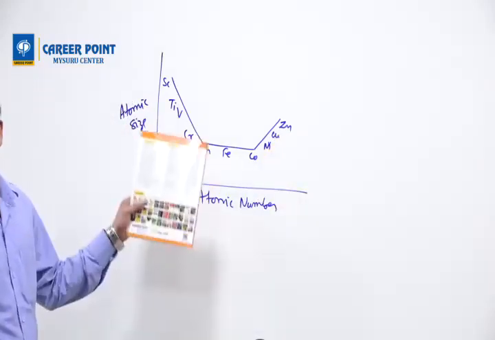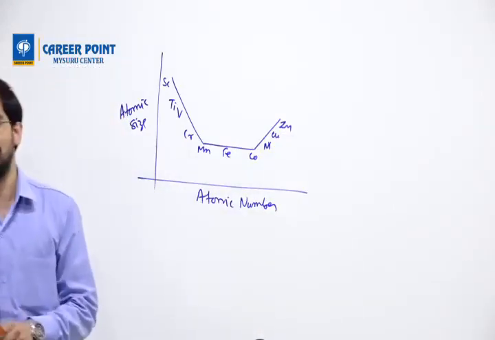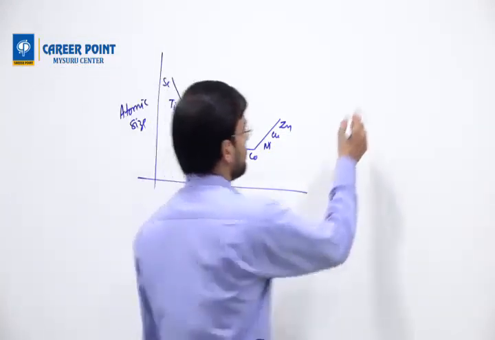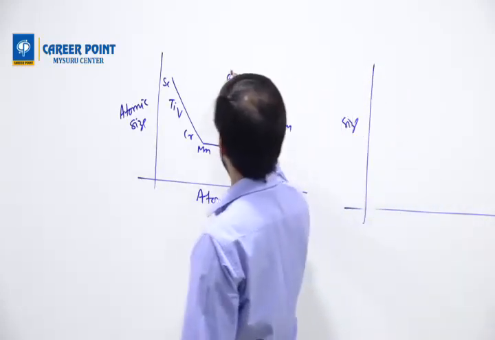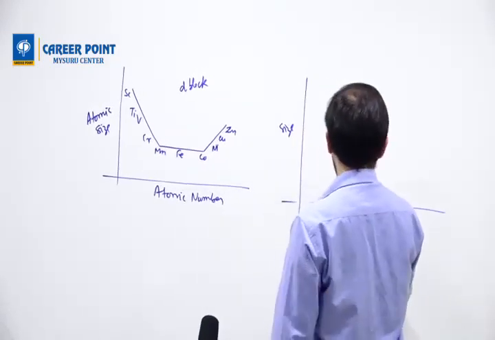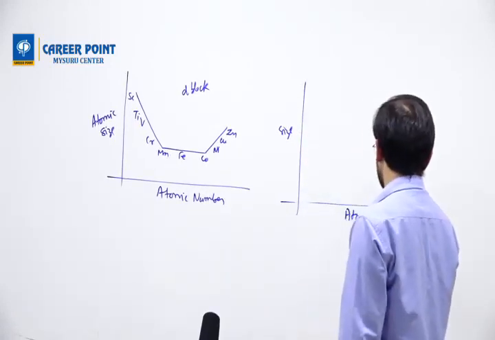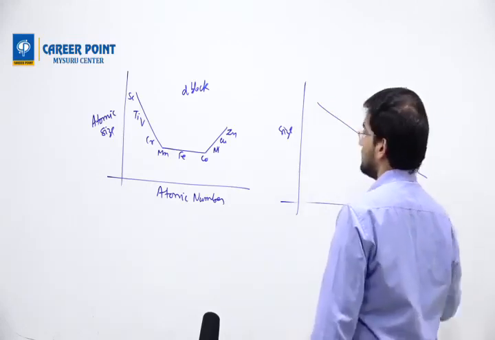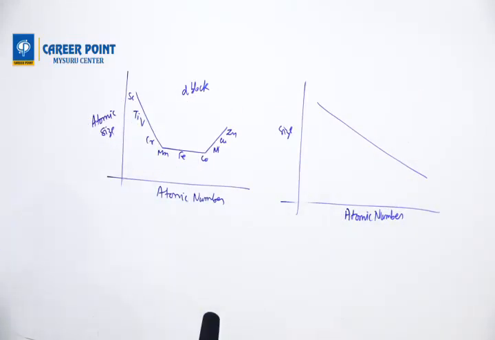So size decreases, then becomes constant, then increases, so it is not the D block. In the case of F block, size versus atomic number decreases continuously, gradually. So the answer is F block.